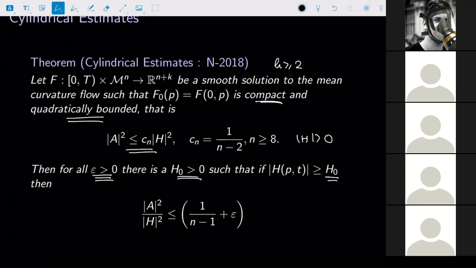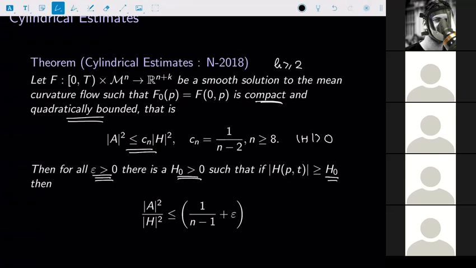You would require a sufficiently large region of your submanifold where the submanifold looks like, in parameterization, an S^(n-1) cross an interval. So at the moment, this cylindrical estimate only says the curvature is cylinder-like.